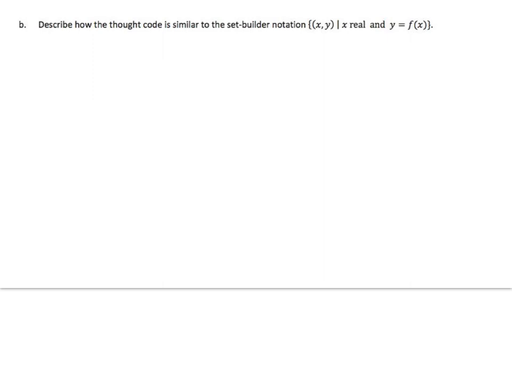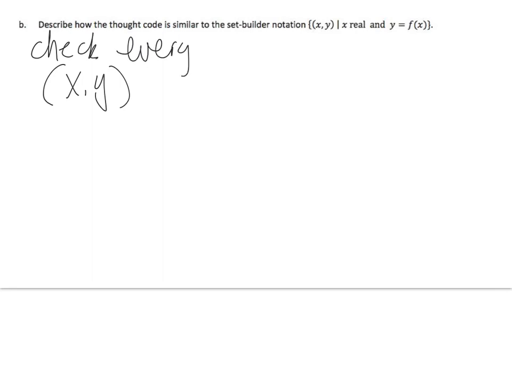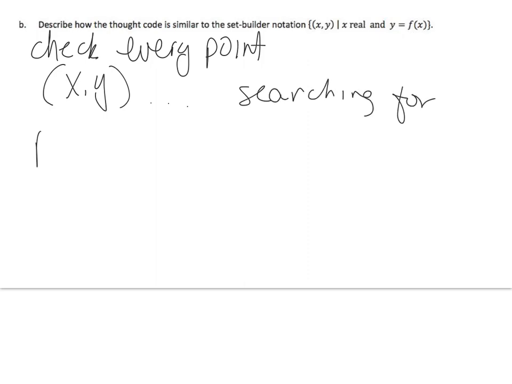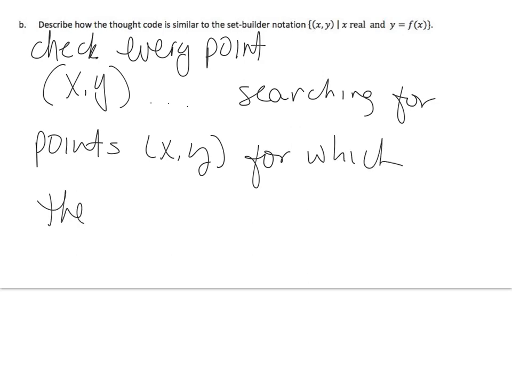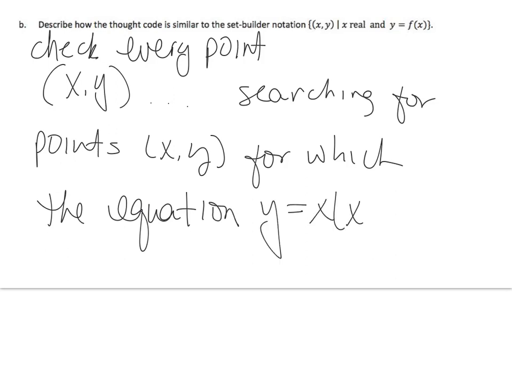So let's see. I'm going to check every point (x, y) from negative infinity to infinity in the Cartesian plane, searching for points (x, y) for which the equation y equals x times (x minus 2) times (x plus 2) is true.